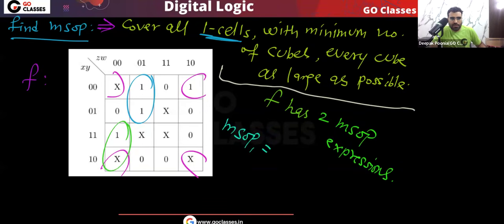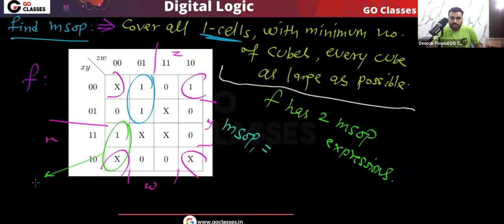You can see I will write the product term for all these cubes. First, let me label the areas. You can see this is the area Z, this is the area W, this is the area X, and this is the area Y. Now for this green cube, what will be the product term? This is in the area of Z bar, X, also in the area of W bar.